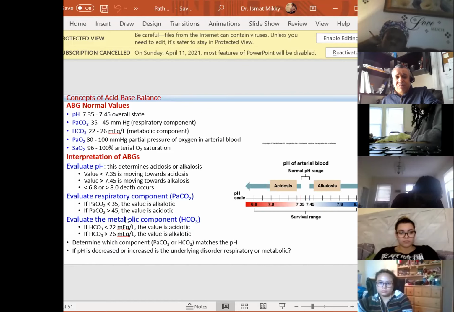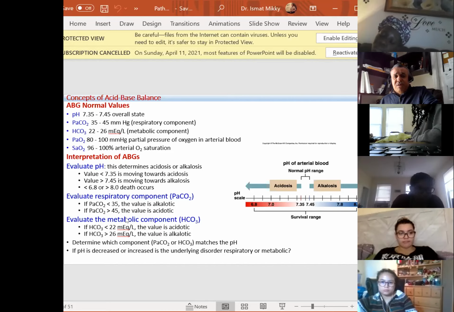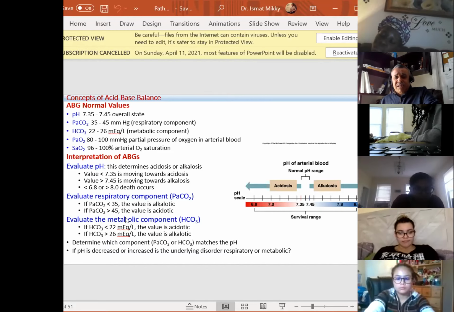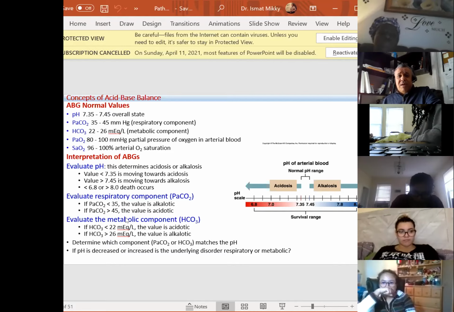In upper-level courses, we will go over other things like PaO2 and SaO2. So the pH, then the PaCO2, 35 up to 45, and then the bicarb, HCO3, 22 to 26. These are the normal ranges for the three main components of the ABGs.